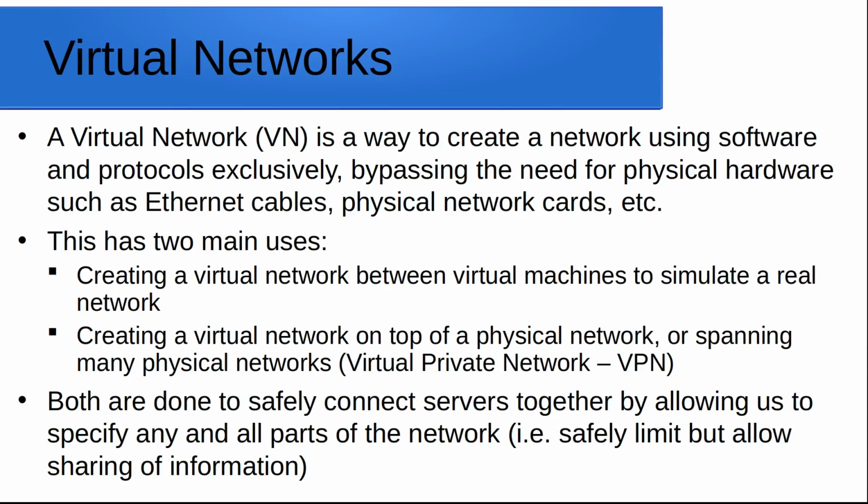I mean, that's how Matrix works. Matrix is just a bunch of VMs. I bet you didn't know that. And you used Matrix for a whole semester. So both of these things are done to safely connect servers together and give you access to specify what parts of the network you want accessible externally, right?